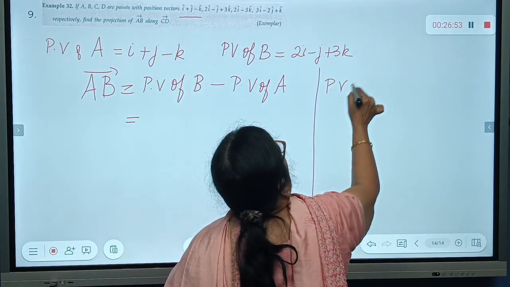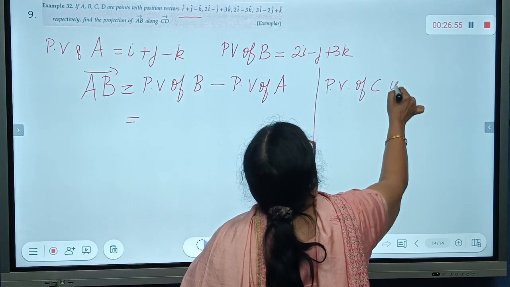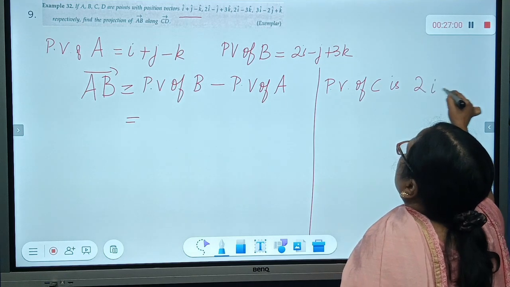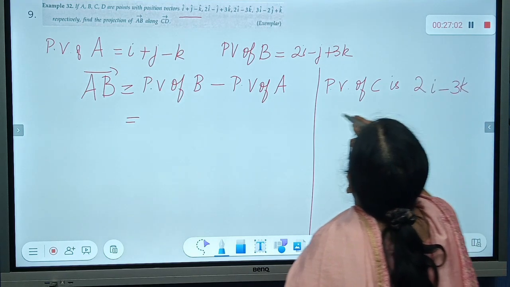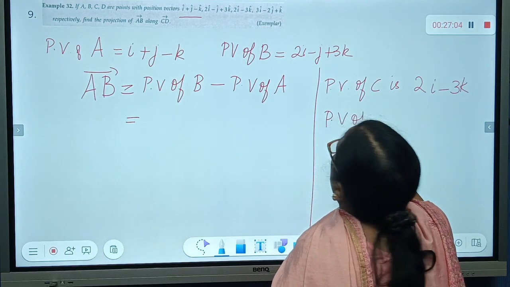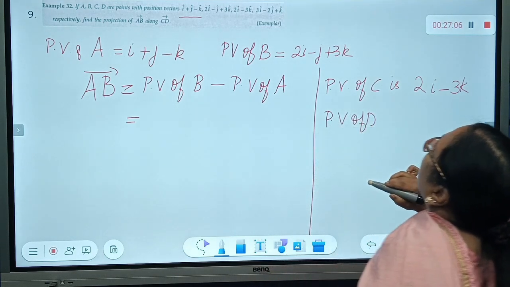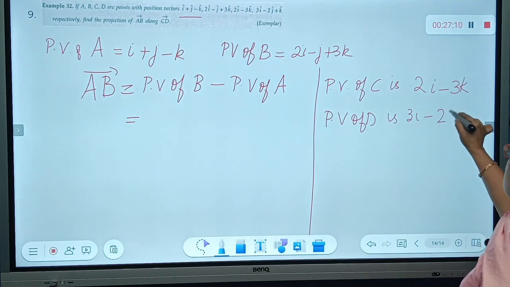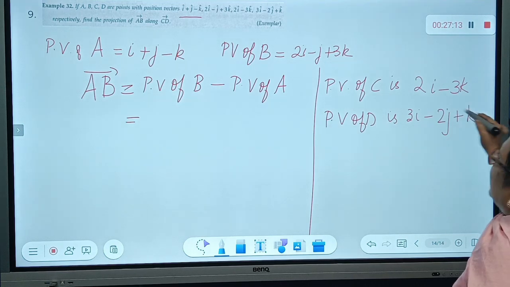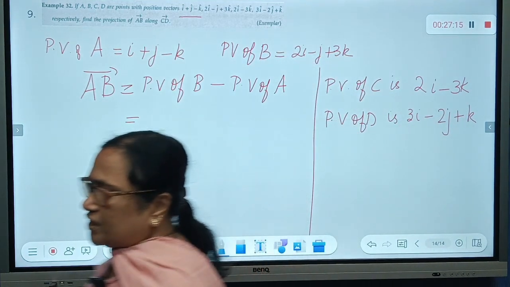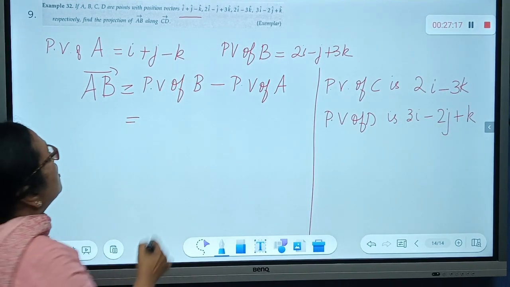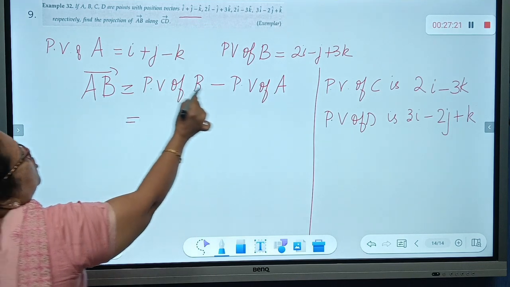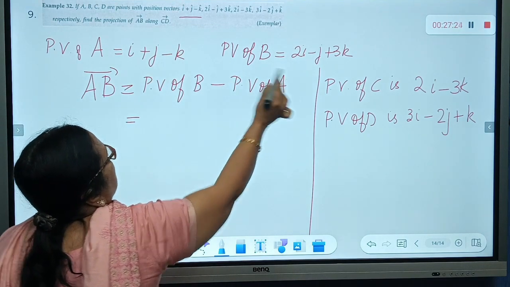The position vector of C is 2i minus 3k. The position vector of D is 3i minus 2j plus k. I am writing because those letters look very small. So the position vector of A is i plus j minus k, and the position vector of B is 2i minus j plus 3k.